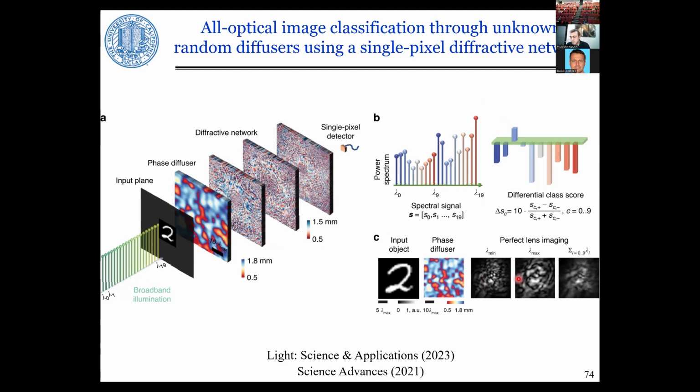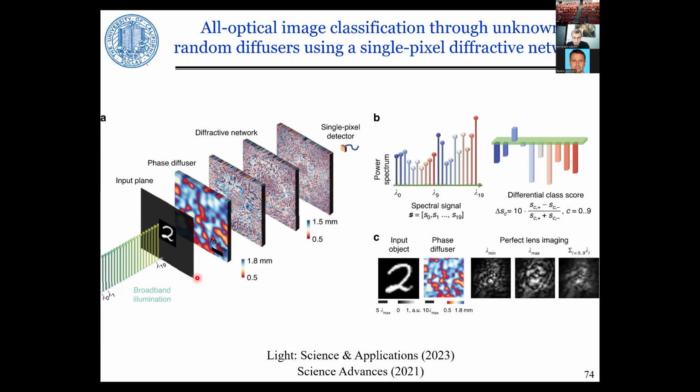If you don't do anything smart, at different wavelengths, this is what you will get through a random phase diffuser. But by encoding the spatial features into a fingerprint across a group of wavelengths, we were able to look at the single pixel spectrum and classify the object based on the wavelengths and their intensity, the maximum intensity assigned to a certain class of object.